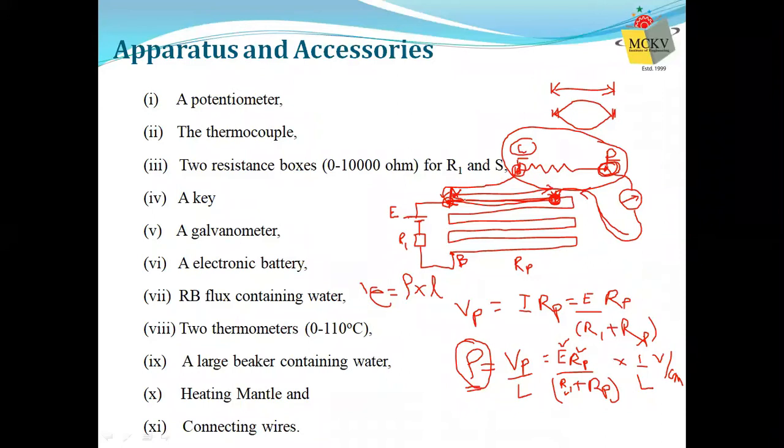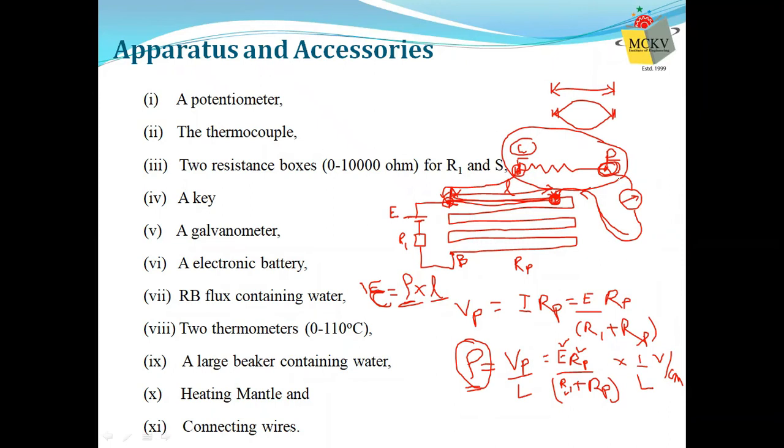So what is the potential drop across this length? It is the potential drop per unit length of the potentiometer wire into this length. So that is the EMF, and we know that this potential drop is equal to the potential drop across C and D, or the potential drop across the thermocouple that we are trying to measure.